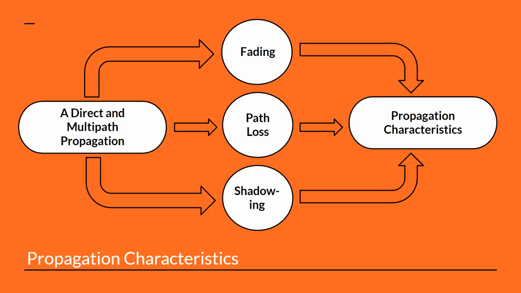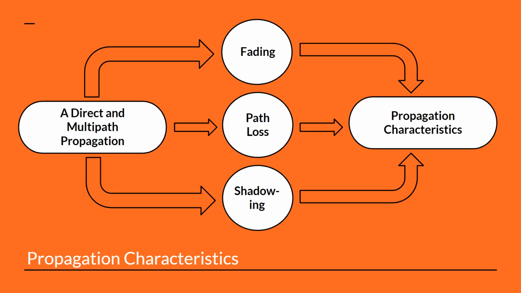It is propagation characteristics. Basically, we depart from a direct and multipath propagation, one of the TX and RX signals, and from the procedure, it appears to have three main problems that I want to include in this material: fading, path loss, and shadowing.